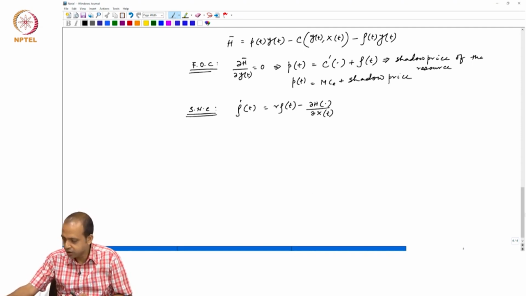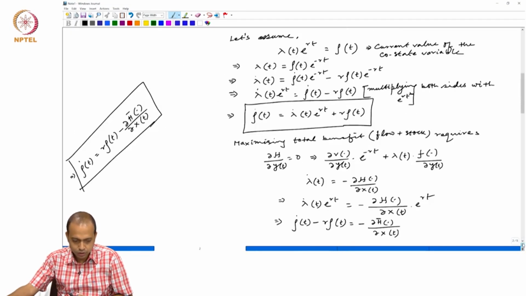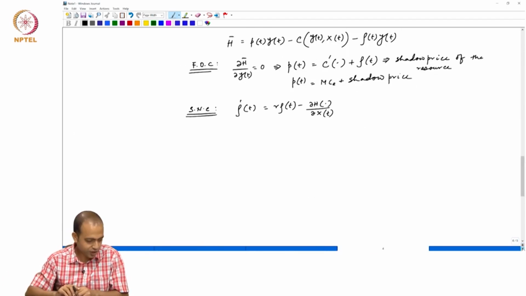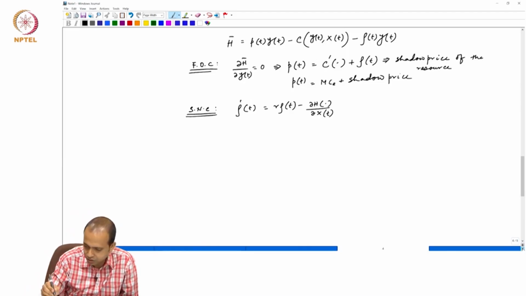If you go back, I can just show you. This condition, rho dot t equals R into rho t minus del H bar del xt. Okay. This is the condition.